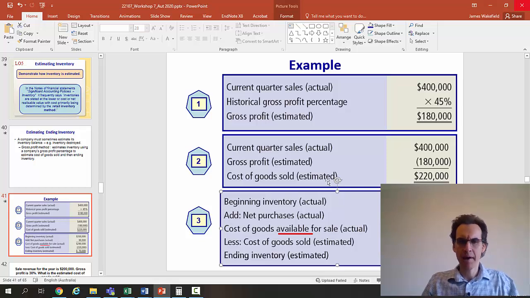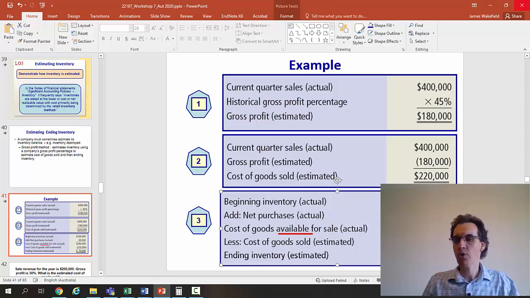So in part 2 here, we worked out what our cost of goods sold was, which was $220,000. So if we subtract the cost of goods sold from the cost of goods available for sale, we have what we had over as ending inventory prior to it being destroyed or stolen of 70. So 290,000 was available for sale.